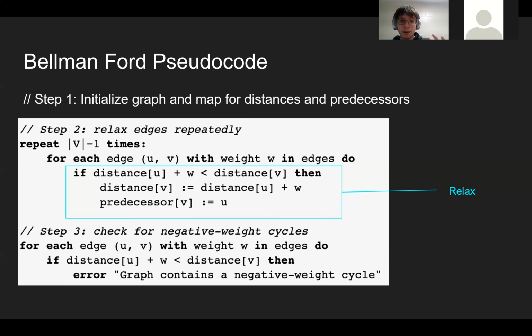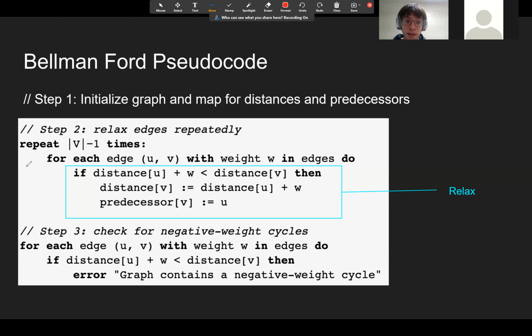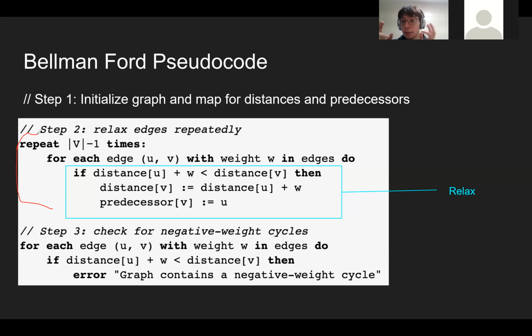And because the relaxations will always add at least one new edge to whatever path you have, it could add more than one, but each of the v minus 1 iterations adds a new edge to that path. And because there are only going to be v minus 1 things on that path, then at the end, if there's something even better, that must mean that even though the path is already done, there's still a better way to get there.